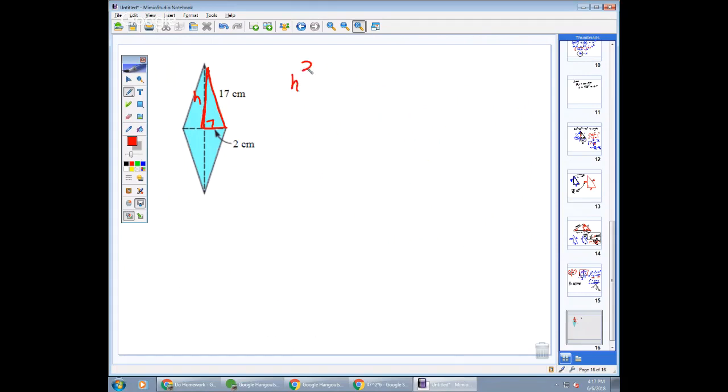So h squared plus 2 squared is equal to 17 squared. And as we just saw, 17 squared is 289, is that right? 2 squared is 4. Subtracting 4. Is it 2 all the way across, or just?